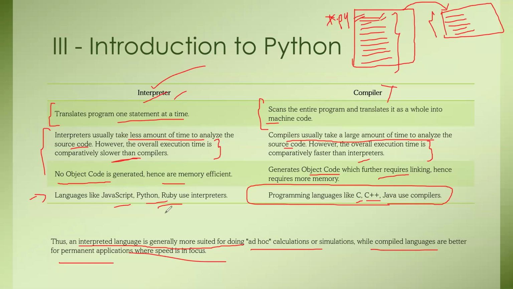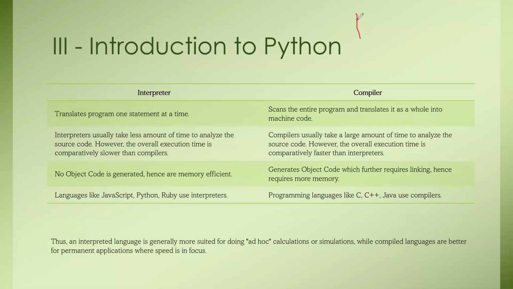It means if I want to create some core business applications, I cannot rely on an interpreter because we never compile the code very frequently. Let's say you have created one web application like a user login page. That user login page will have the front-end design, database design, as well as your application logic.